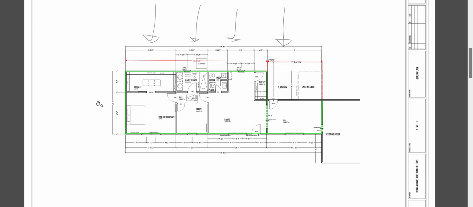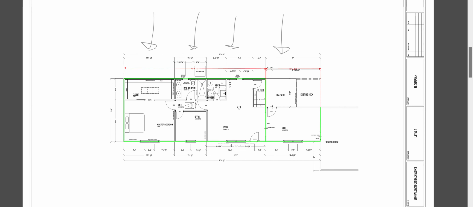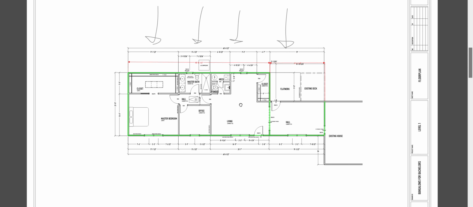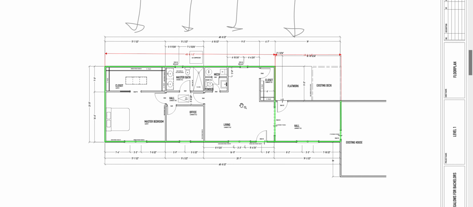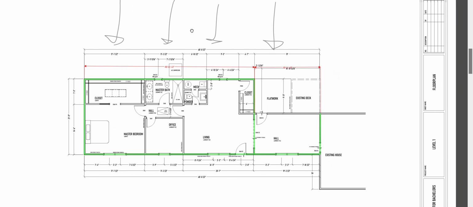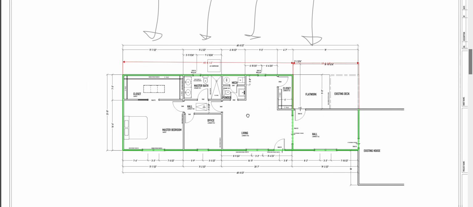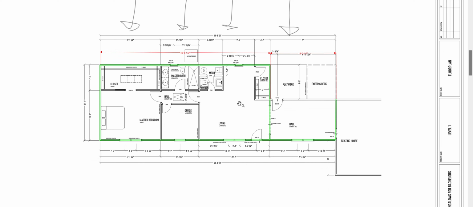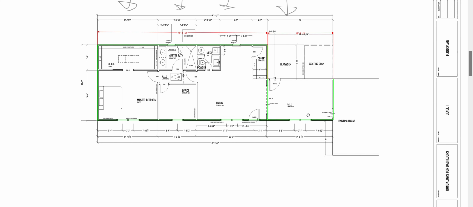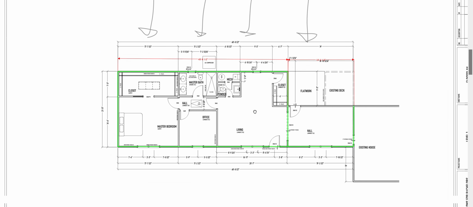But if the wind's blowing from left to right, I have all of this wall and all of this wall to work with. So the general idea here is when you've got long, skinny buildings, it becomes a real pain to prove and design for the skinny parts, because if the wind's blowing on the big face, it's going to cause a lot of load and it's going to be very hard to support it properly in such short little distances. So we'll see what our results are for here, but that's basically what I'm going to do. I'm going to try to solve it with just these, and those are my braced wall lines.